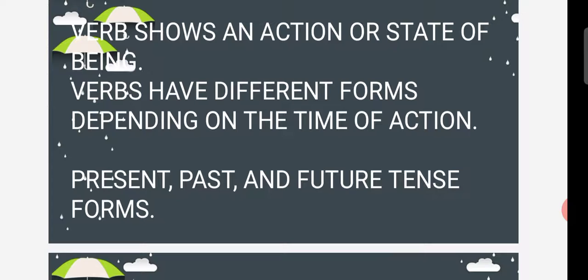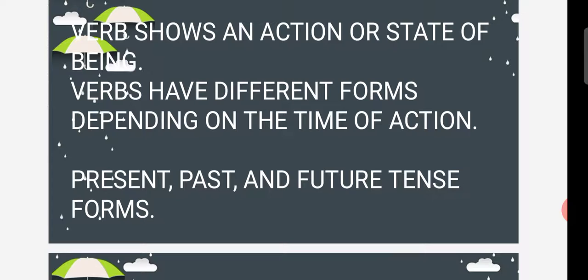Whereas in a sentence like I am a girl, in this there is no action word, but the state of being, that is, am, is called a verb. This is a rose. So in this sentence, is is a verb.